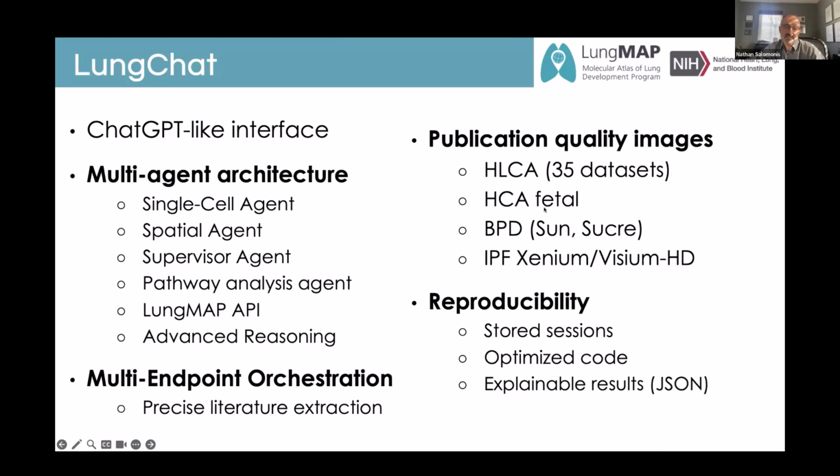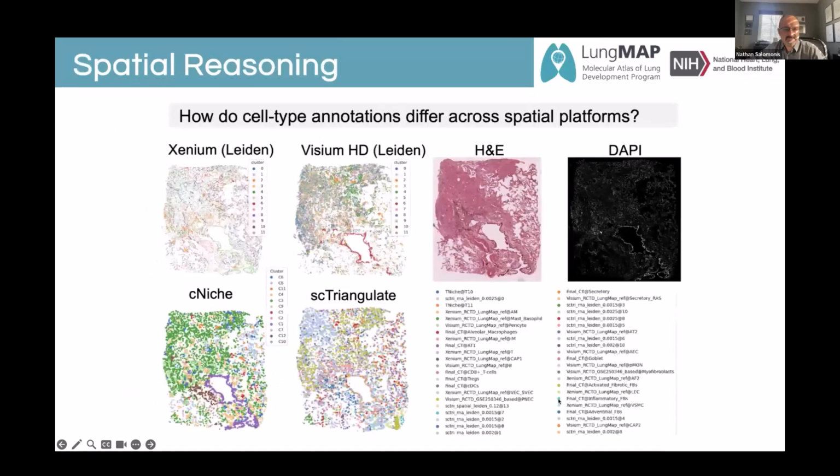We support this HCA fetal data set, 2 different bronchopulmonary dysplasia data sets, and idiopathic pulmonary fibrosis and normal spatial Xenium and matched Visium data sets. Again, reproducibility is a central focus of what we're doing here.